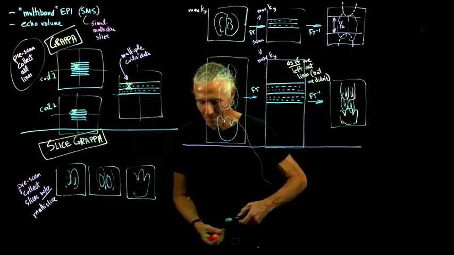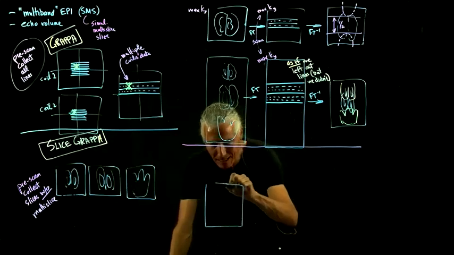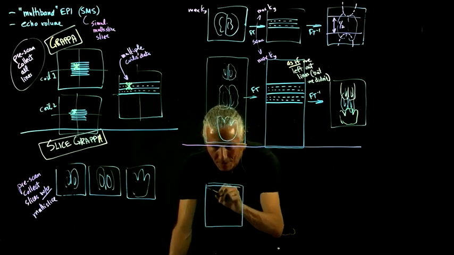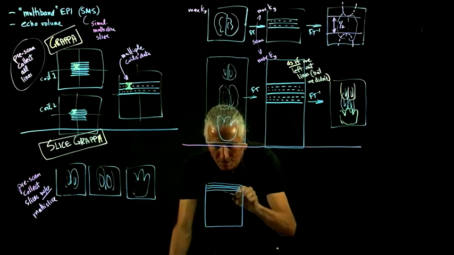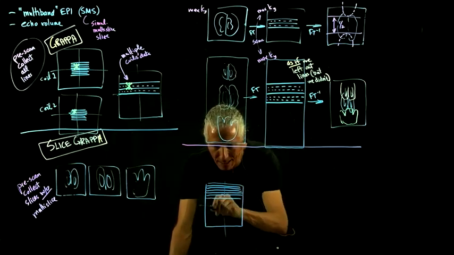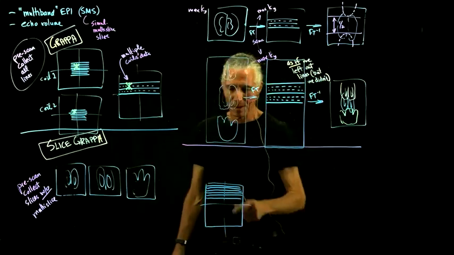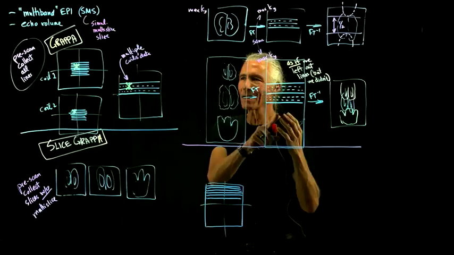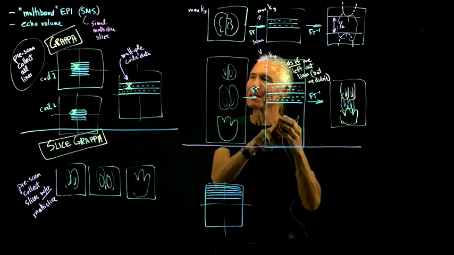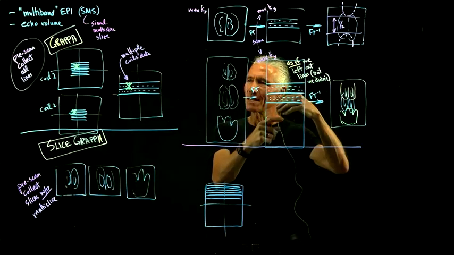So what is the data we actually collected? Well, we collected every line of k-space with the multi-slice stimulation turned on. So we didn't leave out any lines, but it's as if we left out lines causing the replicas to come in.